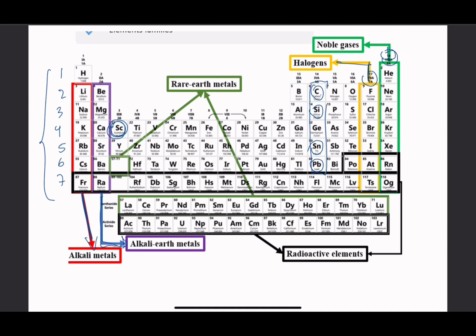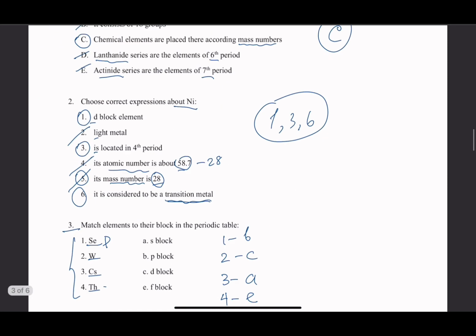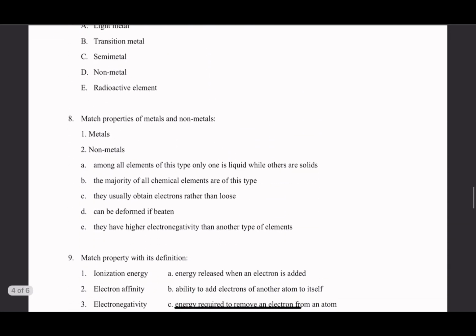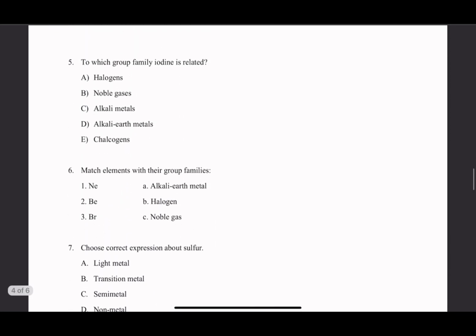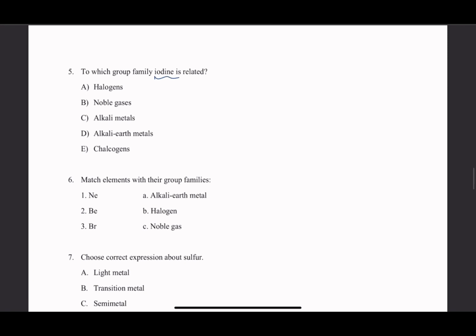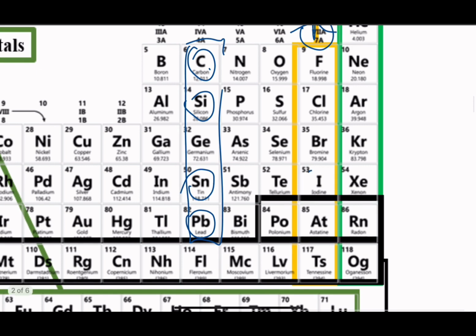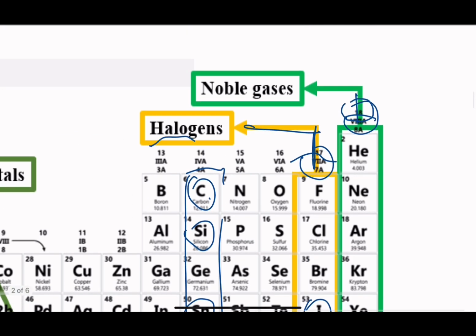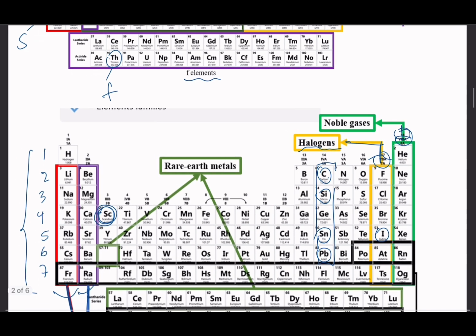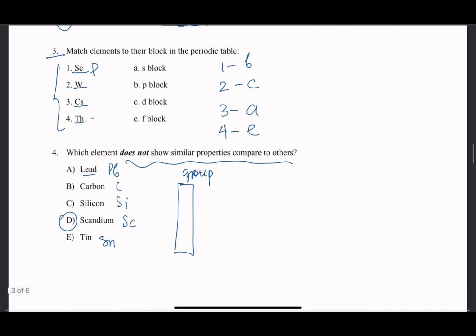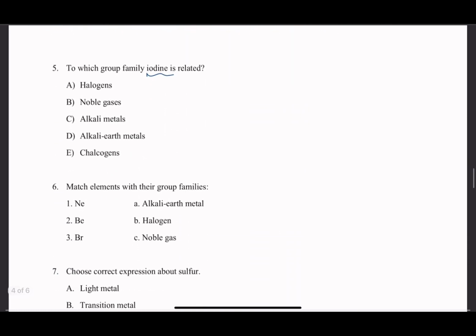The most common ones are alkali, alkali earth, halogens, and noble gases. So let's go back and find iodine. Iodine is located right here, which is halogens. You really need to know the periodic table properly to answer this question. So 5 is going to be A.